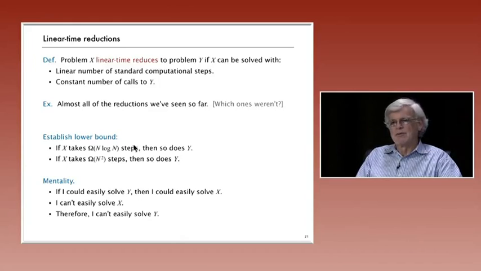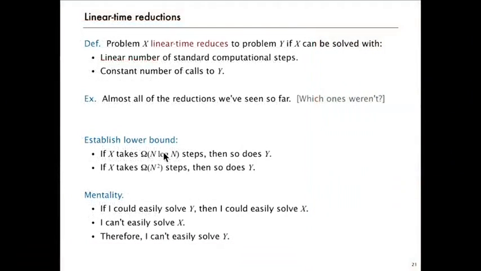So if I have a reduction from x to y, and there's a lower bound of n log n on x, I can't have a linear algorithm on y. Because if I did, and I have a linear time reduction, that would give me a linear time algorithm for x. Same way, if I have a lower bound of n squared for x, I can't have an n log n algorithm for y, because if I did, since I reduce x to y, that would give me a subquadratic algorithm for x.